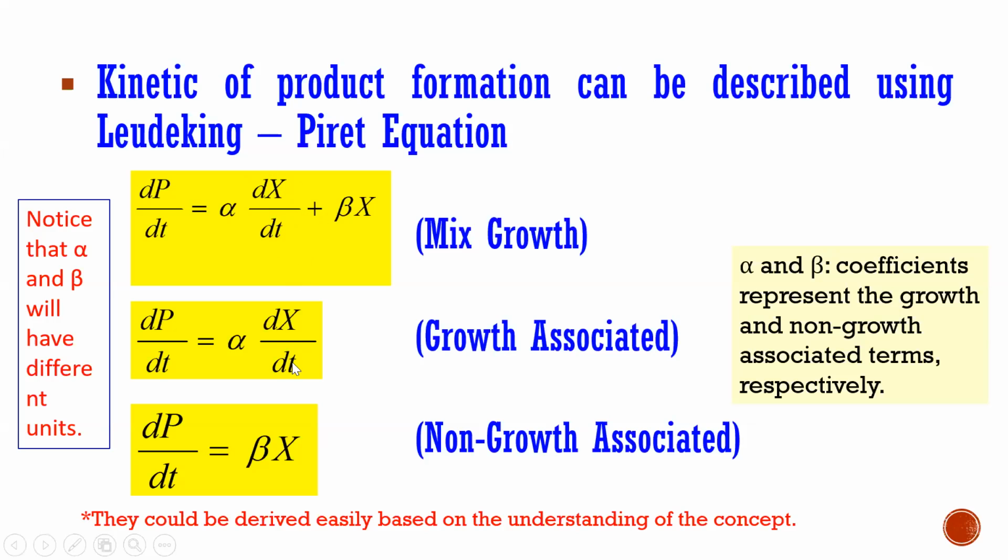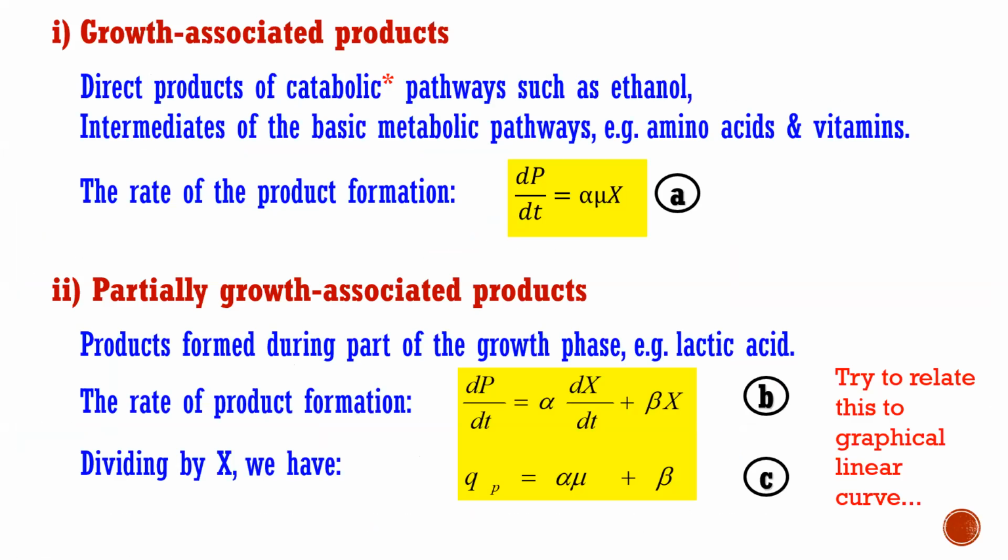It's the same with this and the rest. So let's have a look. For growth associated, instead of dx over dt, the equation becomes mu x. Why do we need to extend these equations? We will come to that later. And this is for growth associated. When you extend that equation, you have this form.